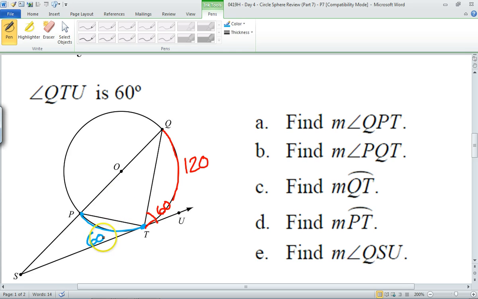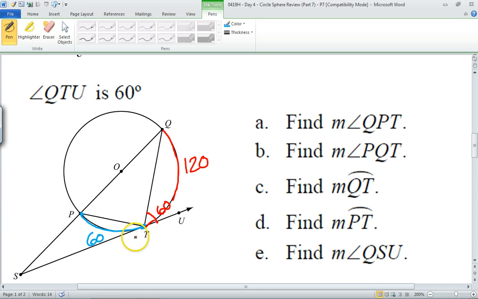Yeah, always watch out for your semicircles. When you're dealing with a circle problem, semicircles give you a lot of information. So you see this is a diameter, goes right there at the center. This is a semicircle, 180 degrees. So it makes sense that if the red part is 120, then subtract from 180, you get 60.